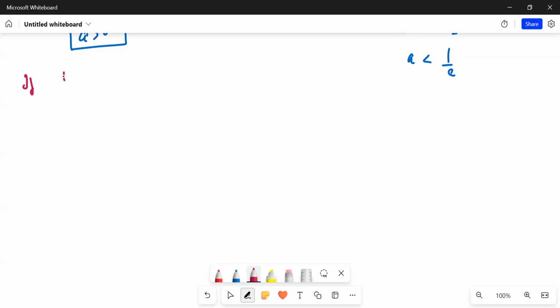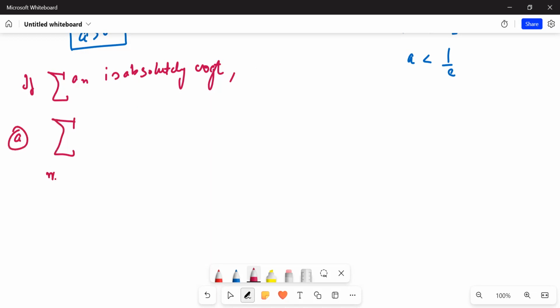If summation an is absolutely convergent, I've already given you this in hints, I've already taught you this particular thing, but still, if summation an is absolutely convergent, then summation m equals n to infinity of am converges to 0 as n tends to infinity.